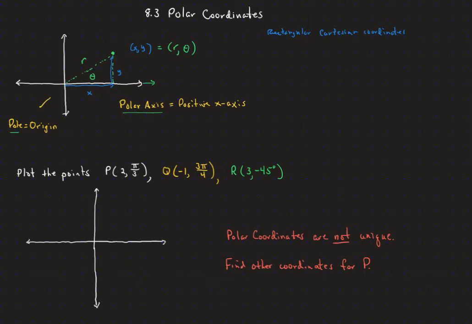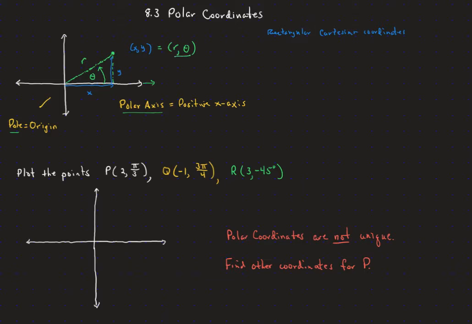A positive angle, like we've done in trig, means we go counterclockwise through that angle. Then, having gone through that designated angle, we come out from the pole a distance of r, and that will identify where we are in the plane.